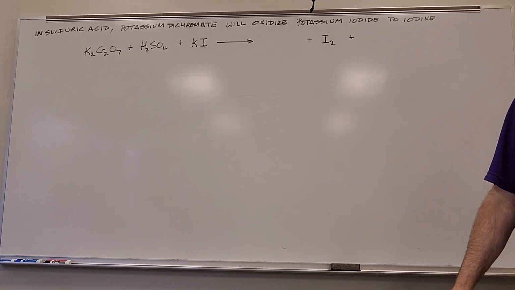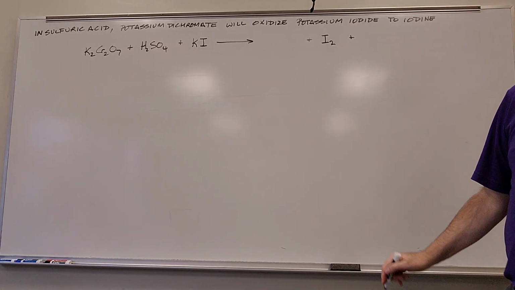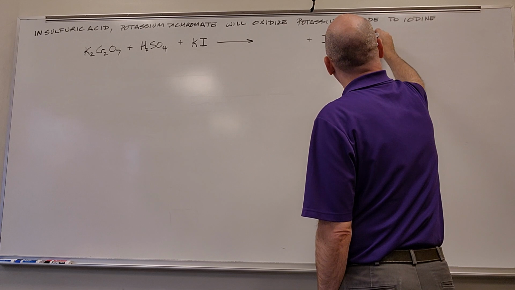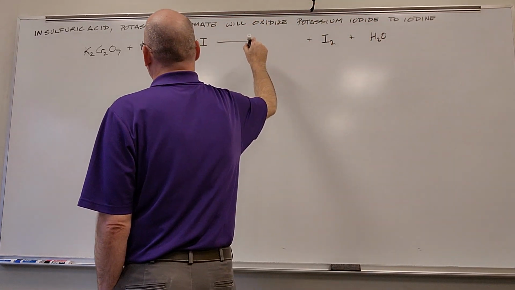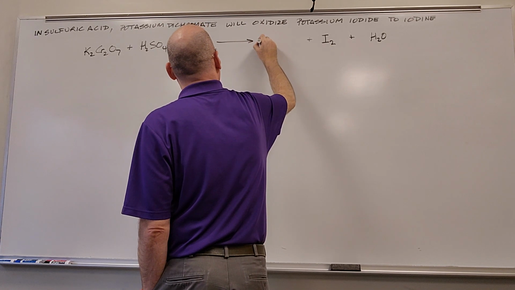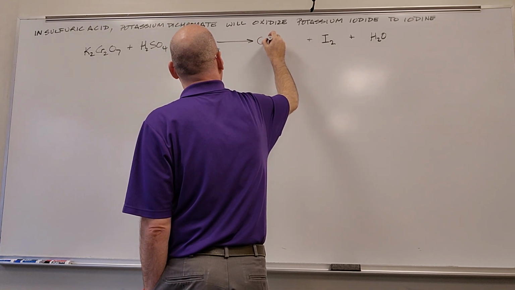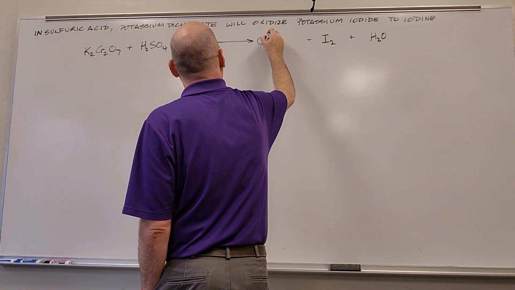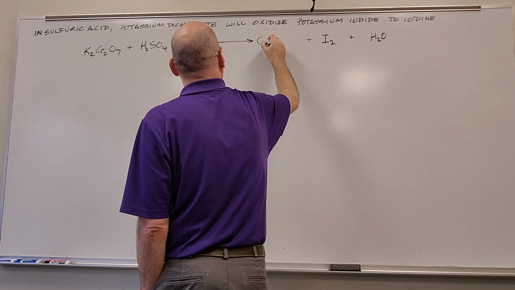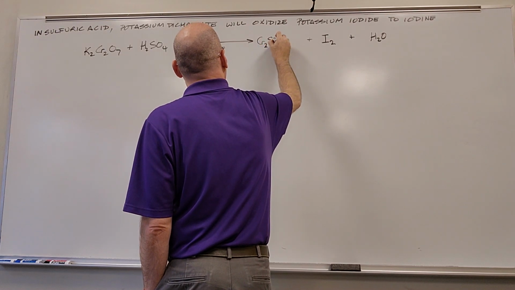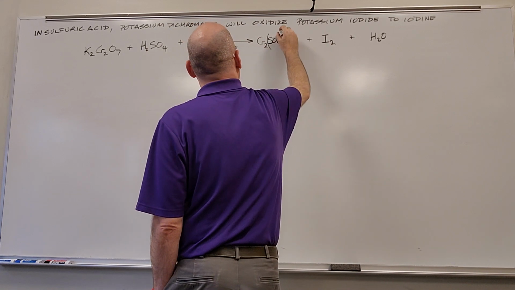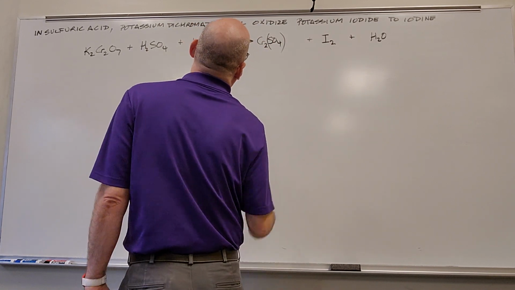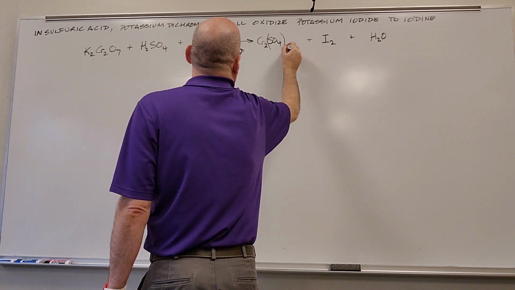And what else have I got? And water. Okay. So this isn't going to work particularly well, because we're going to go chromium 3+. All right. So that's 6+. I need that.